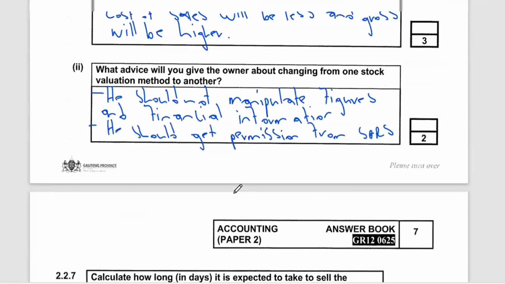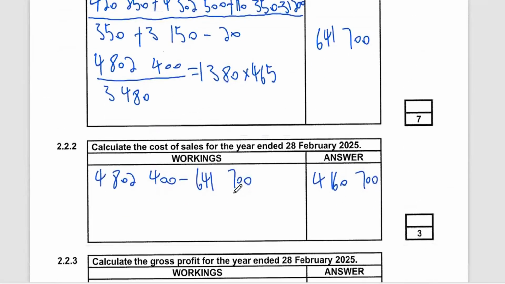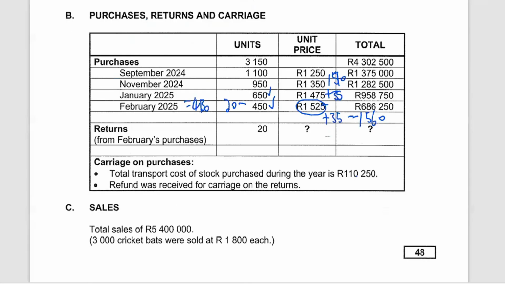Then divided by our answer that you have already calculated, which is 4,160,700, which is our closing stock.